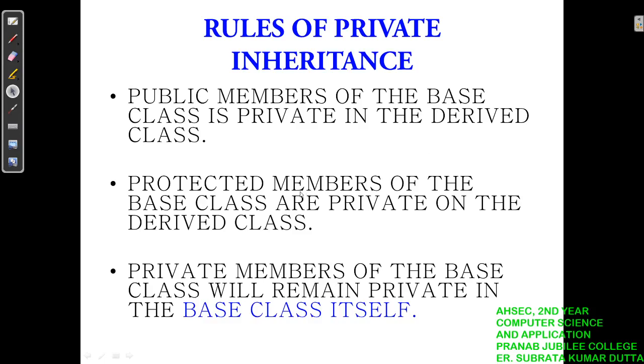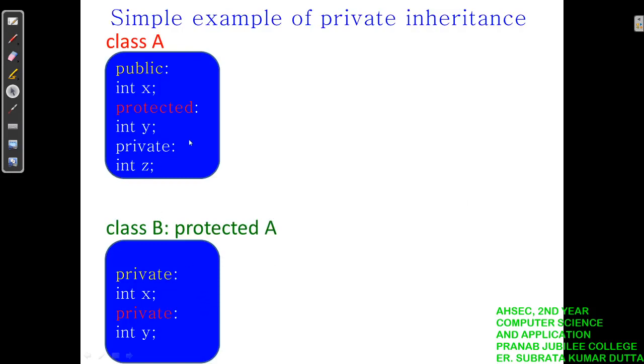Similarly, members which have access specifier protected in the base class will become private in the derived class, and the private members of the base class will remain private in the base class itself, they cannot be inherited. So by this example you can see x is public, y is protected, z is private. Since z is private, z will not come in B.